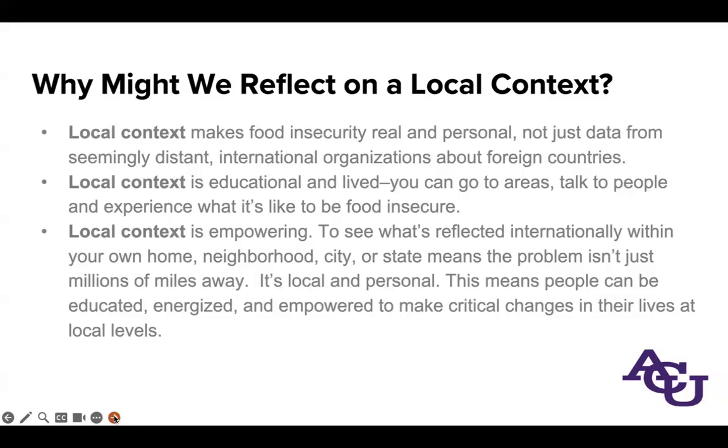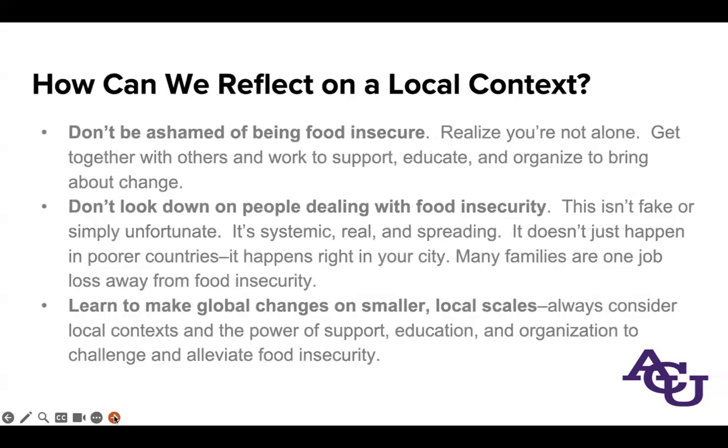So, how do you reflect on food insecurity in a local context? What does it mean to think and then do? Well, first, I don't think we should be ashamed of being food insecure. This is something that I saw during COVID-19 when people had to suddenly deal with the whole notion of, I don't have food, the food's not in the store, how do I get it?